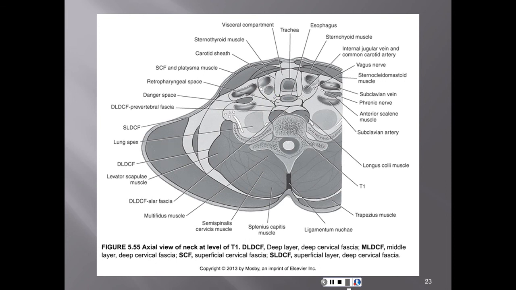So in this image here, you want to be able to identify the subclavian vein, the anterior scalene muscles. You want to be able to identify the vasculature, subclavian vein, subclavian artery.